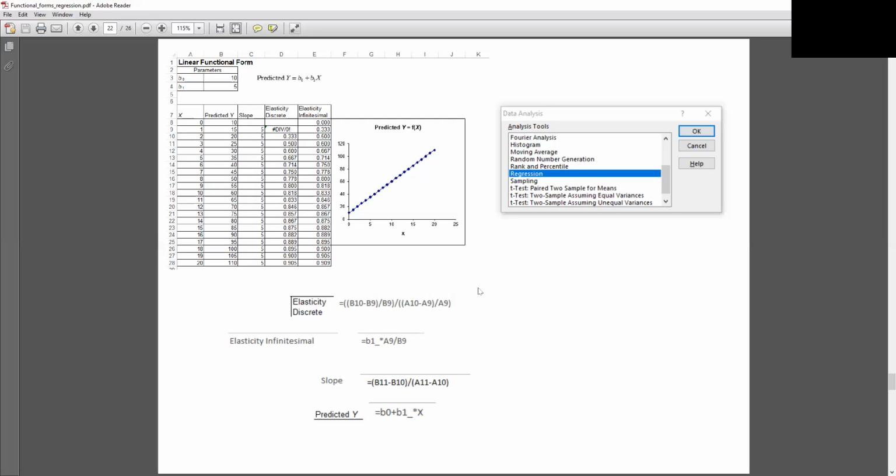Apart from that, we have elasticity infinitesimal. Infinitesimal is what we can call point elasticity. You might have read now in microeconomics about point elasticity and arc elasticity. So this elasticity infinitesimal is nothing but point elasticity, the elasticity at a particular point. How do we obtain this?